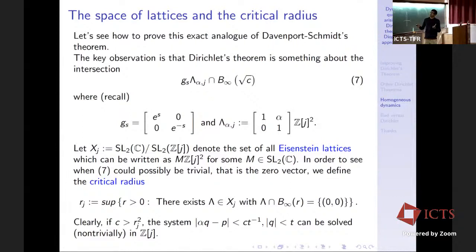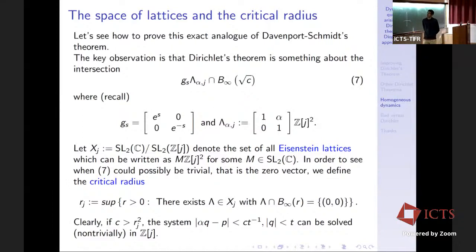I just want to look at a smaller homogeneous space, which will at least contain all of these guys. So I'm going to define X_J to be SL2(C) over SL2(Z[J]), and I identify this with some subset of Eisenstein lattices by just taking a matrix M and taking Z[J] combinations of the columns. So that will give me an Eisenstein lattice.